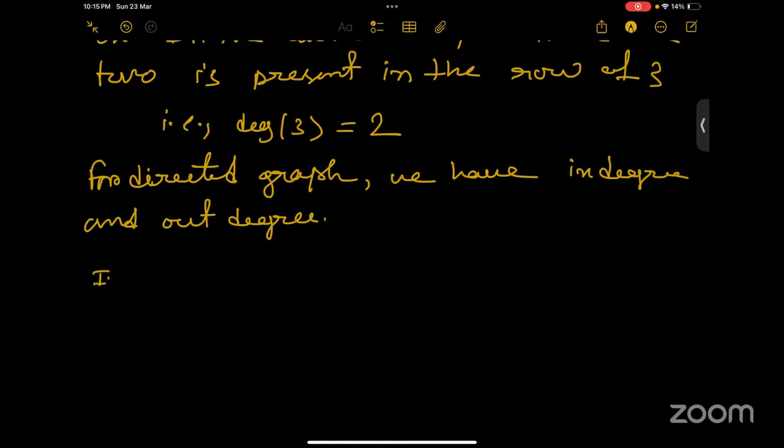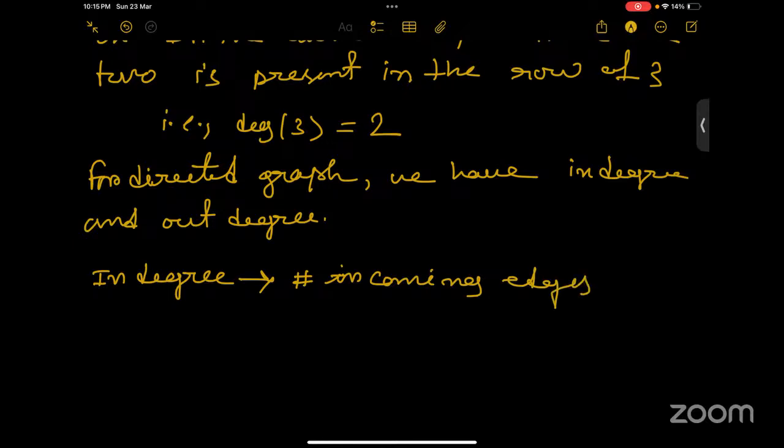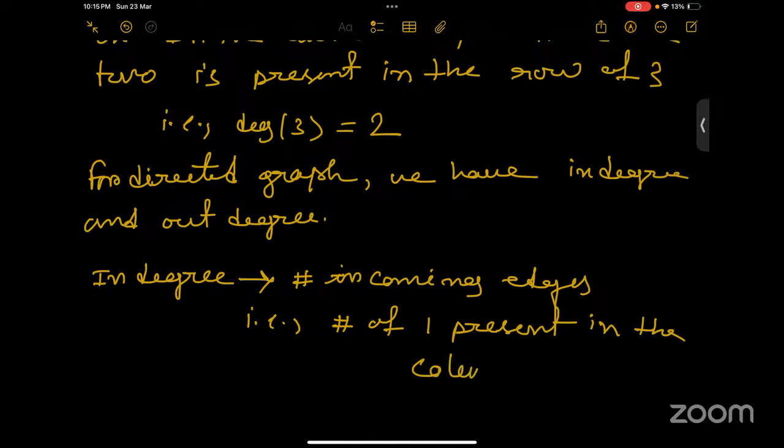In degree is the number of edges, that is, the number of ones present in the column.